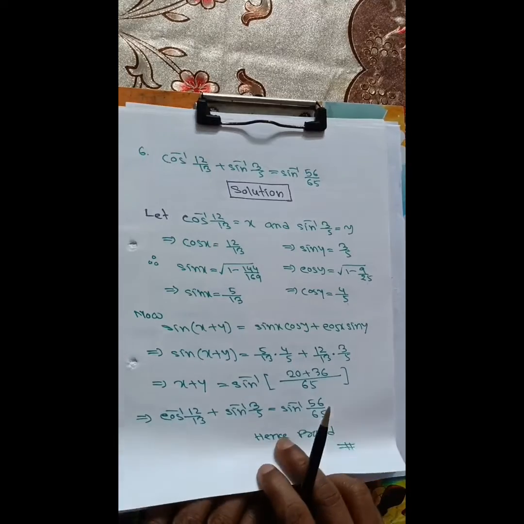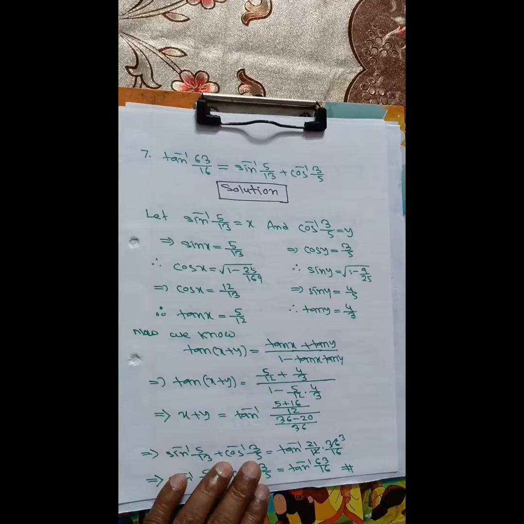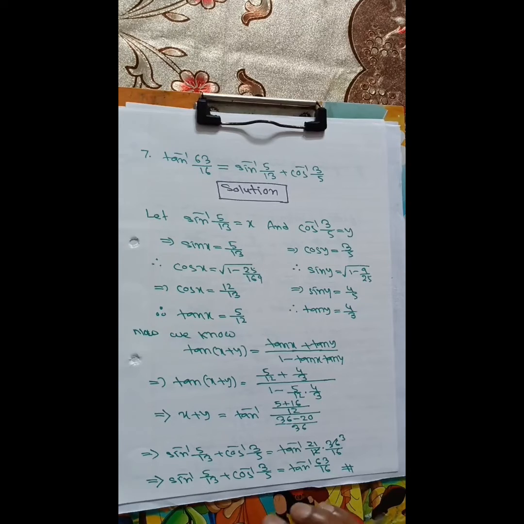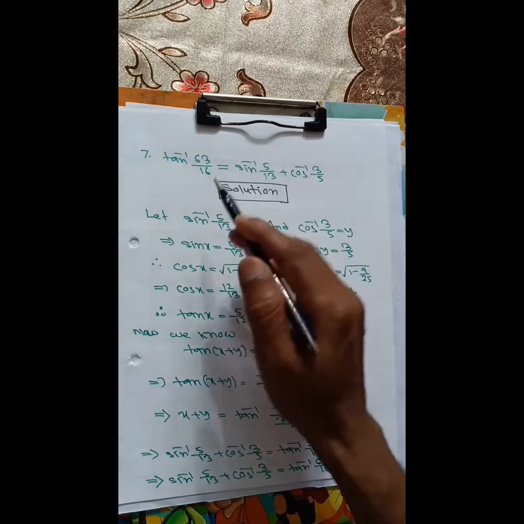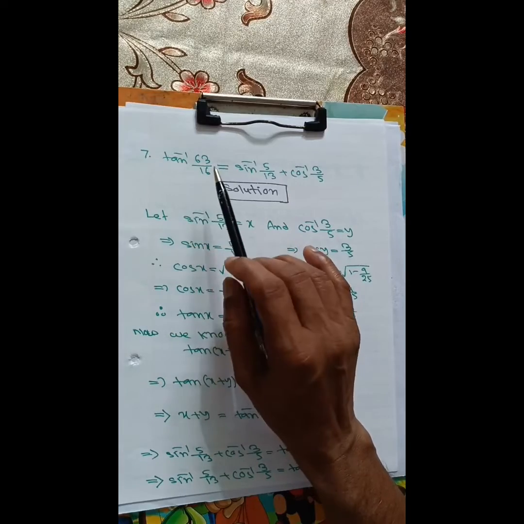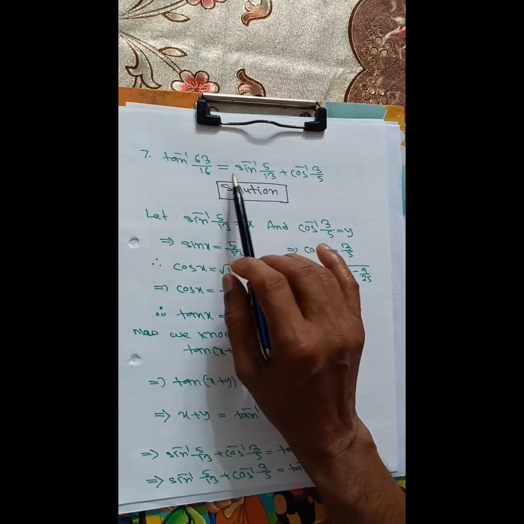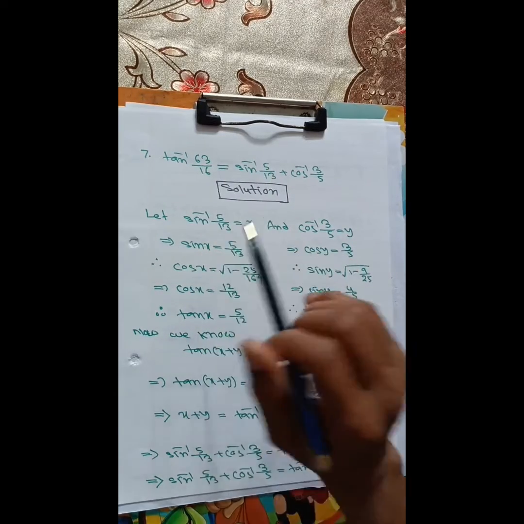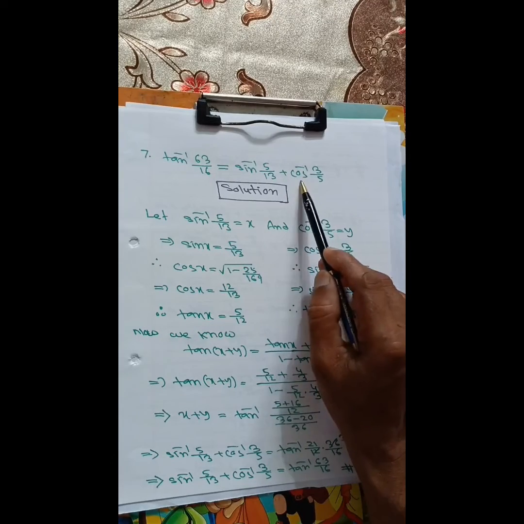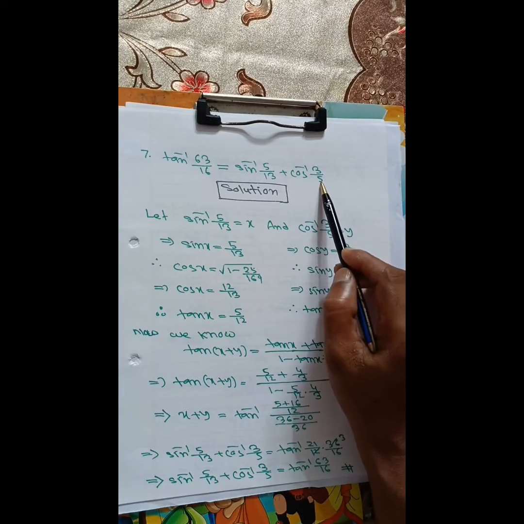Now we are going to discuss problem number 7. In problem number 7, it is also given: show that or prove that tan inverse 63/16 is equal to sin inverse 5/13 plus cos inverse 3/5.